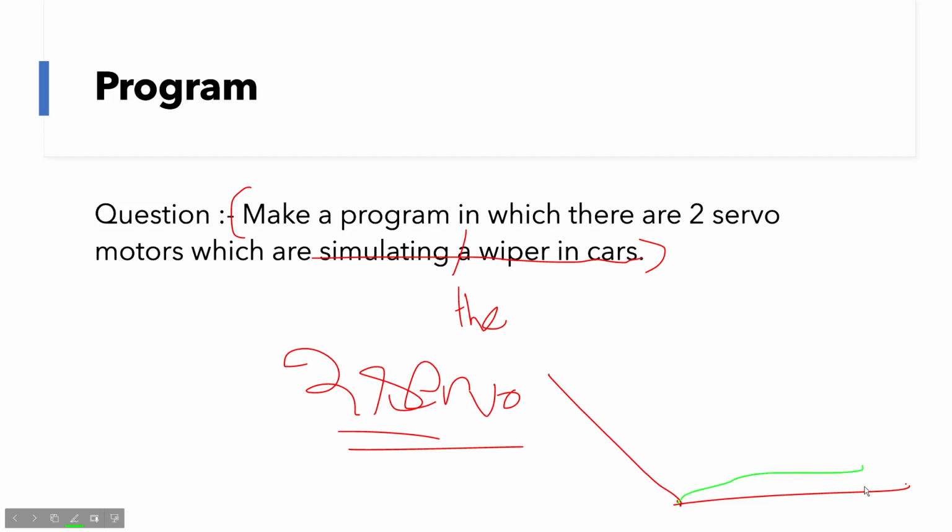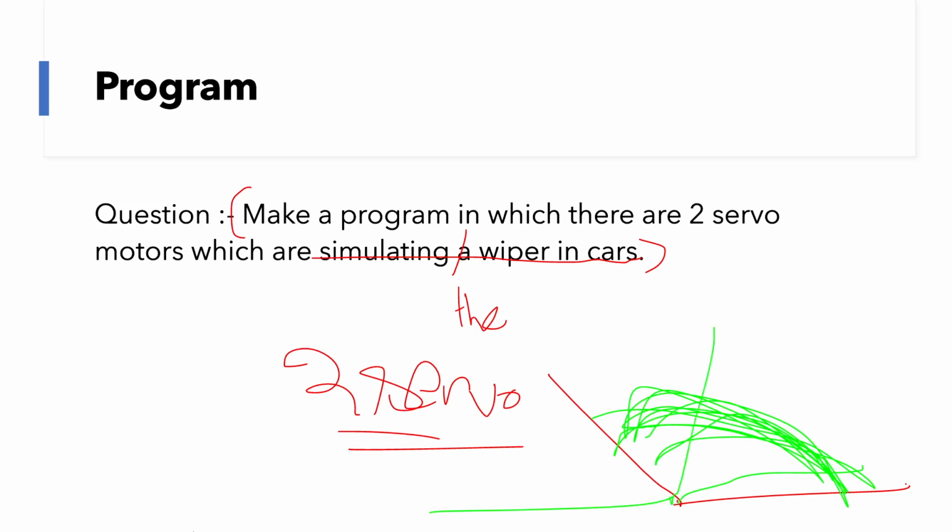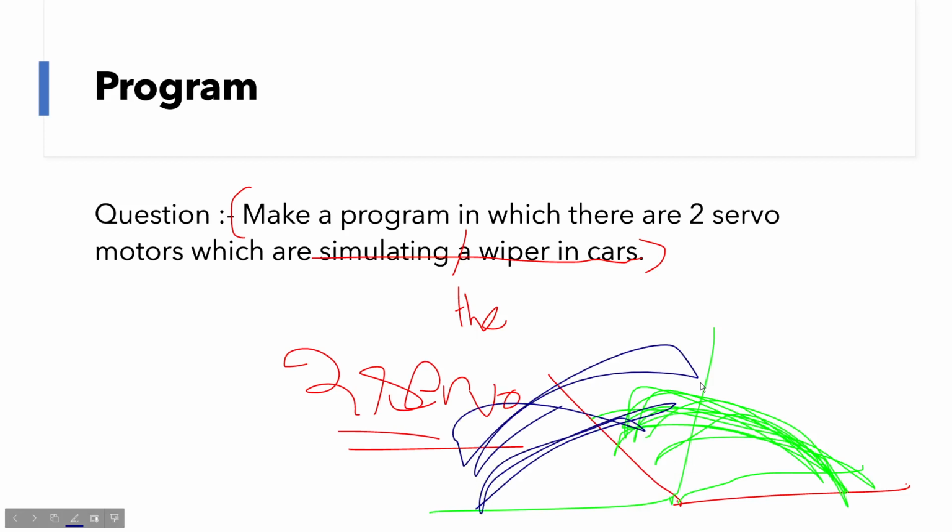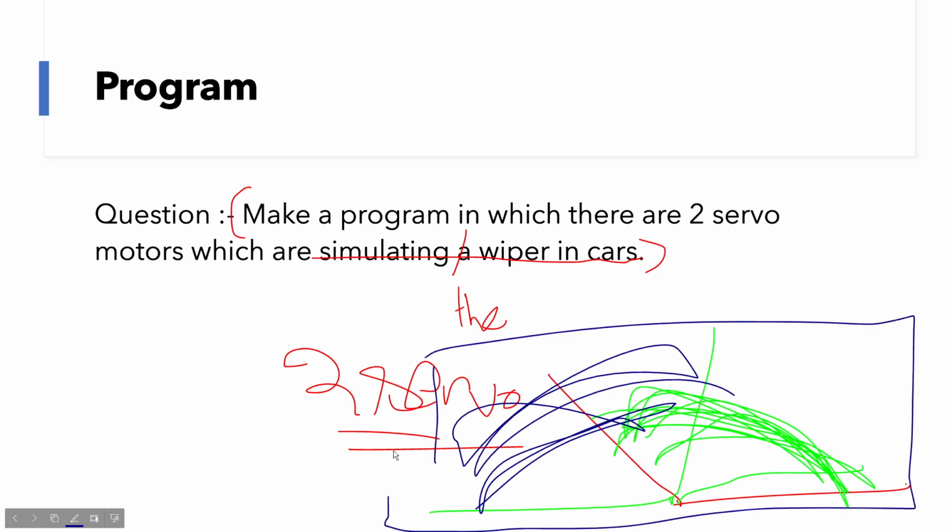Let's say this is a wiper, colored green, and it will only go from here to here, again and again. Let's say there is another wiper over here, and it also goes from here to here. Eventually they should clean our whole glass. This is what we're going to make today.